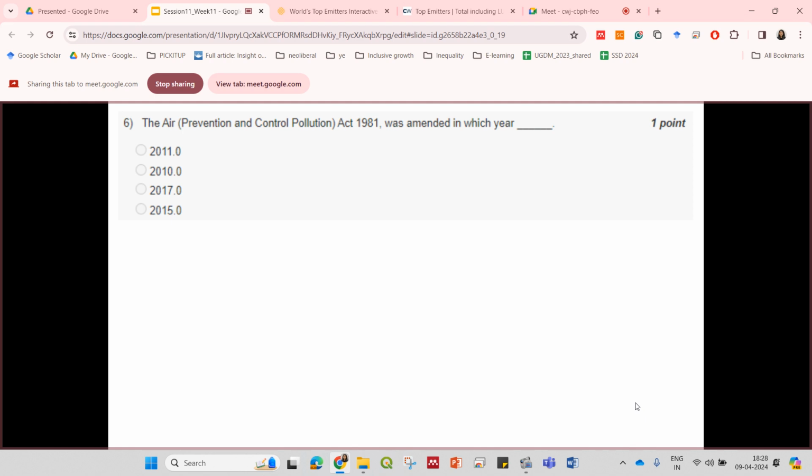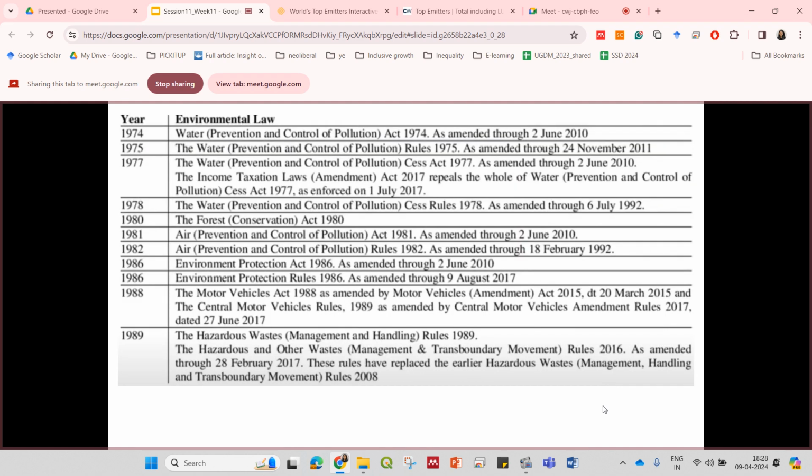So, for all of the national acts and regulations, you need to refer to the list that has been given in your lectures. It shows the various years and key environmental laws and regulations which came out according to the particular time.